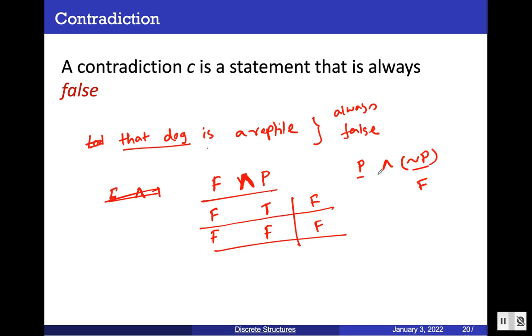So p and not p is always false, so this is a contradiction. A contradiction is a statement that is always false. So given a statement, if we find that for every combination of p and q the truth table is always false, that means it's a contradiction.